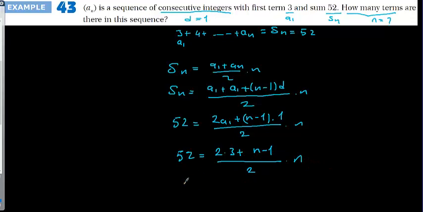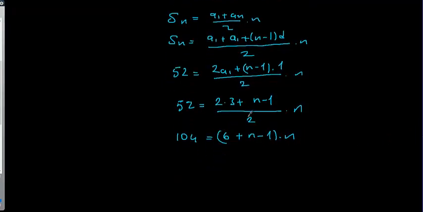So 104 is equal to (6 plus n minus 1) times n, since I sent the 2 to the other side and multiplied 52 by 2, that's why it becomes 104. 104 is equal to (5 plus n) times n.